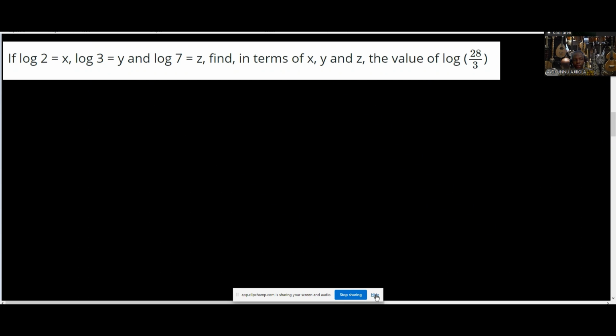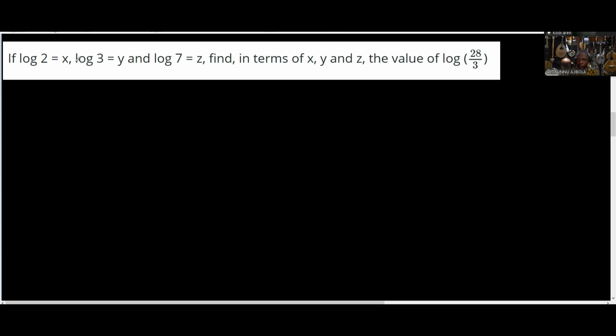So this question that we want to look at, log 2 equal to x, log 3 equal to y, and log 7 equal to z. All of them, once the bases are not written, means all of them are in base 10. So you should evaluate log 28 over 3 in terms of x, y, and z.